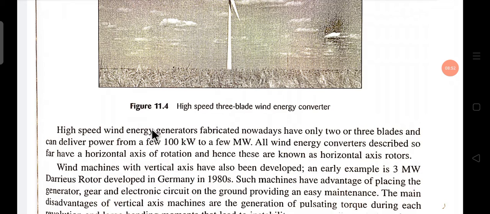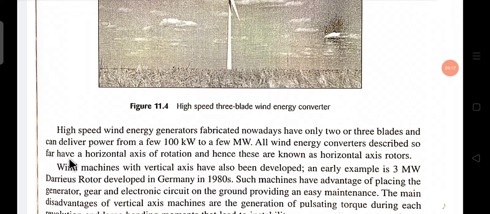High speed wind energy generators fabricated nowadays have only two or three blades and can deliver power from a few hundred kilowatts to megawatts.